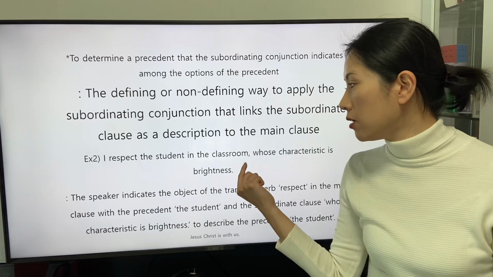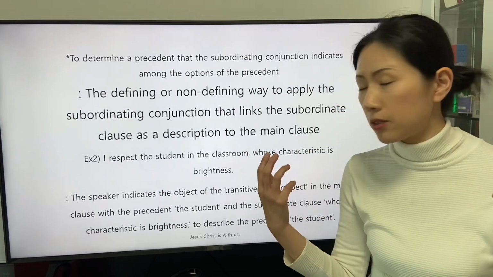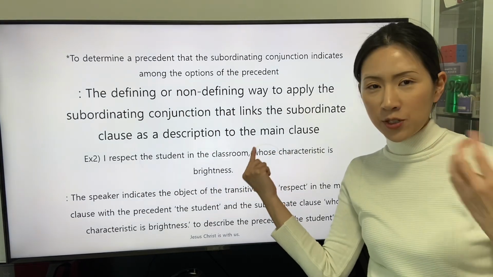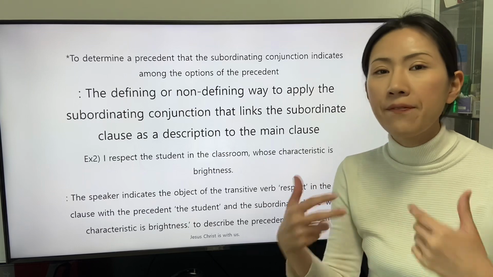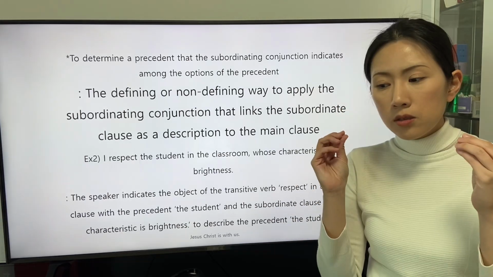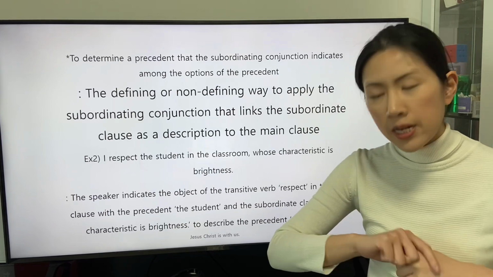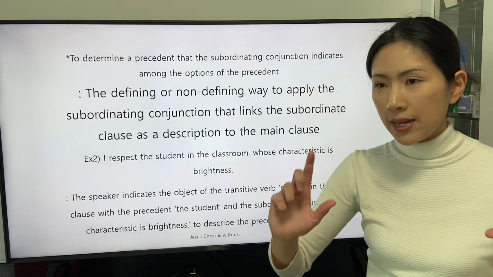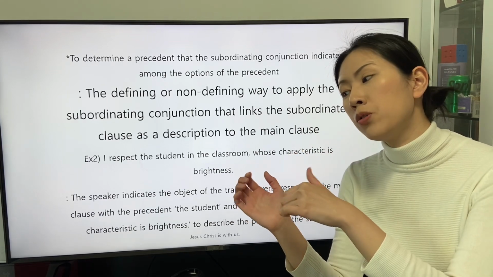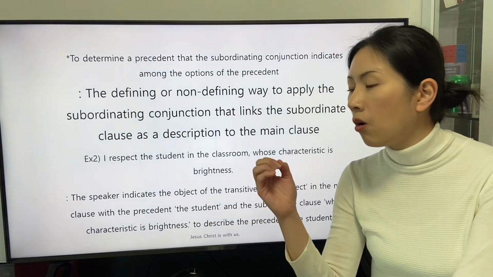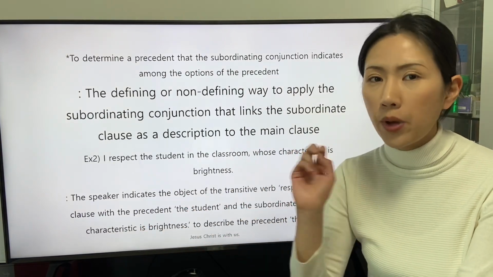From the application of the punctuation mark, comma, the listeners can understand that the subordinating conjunction whose is applied in the non-defining way. The noun characteristic indicates a subject that can belong to a person or a subject that is not a person in both ways.